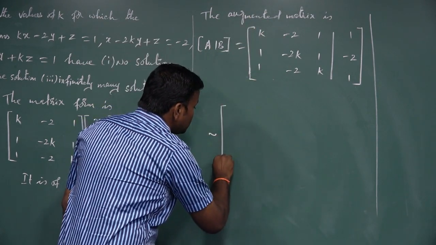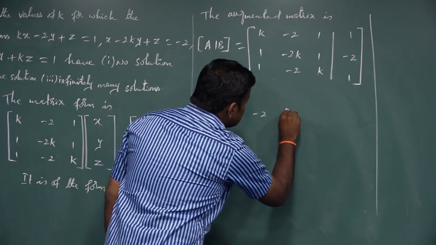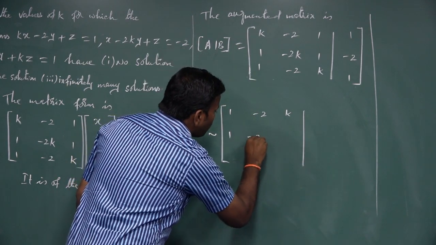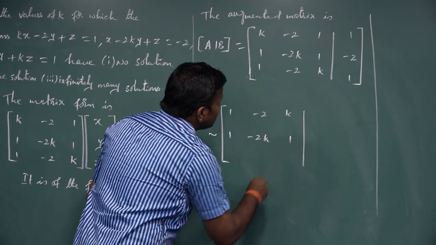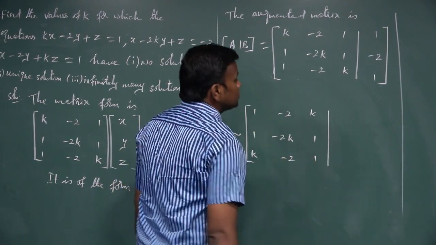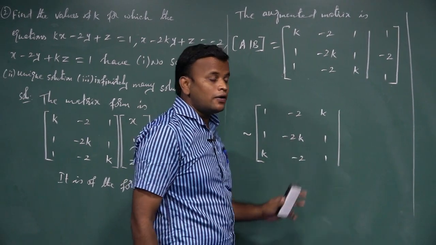So I interchange R1 and R3. The new first row is 1, minus 2, k, and the third row is k, minus 2, 1. Now I write the interchange of R1 and R3.